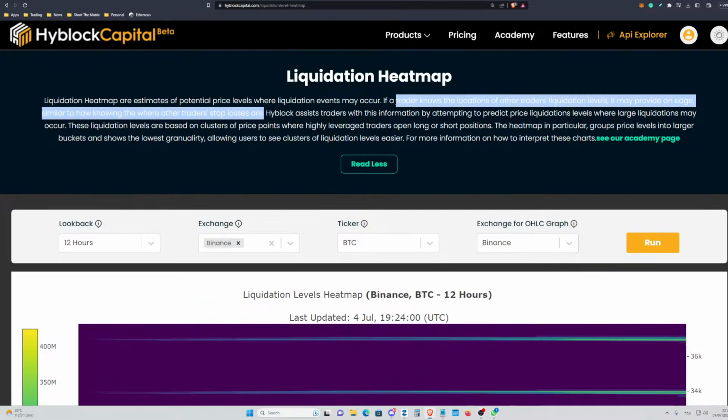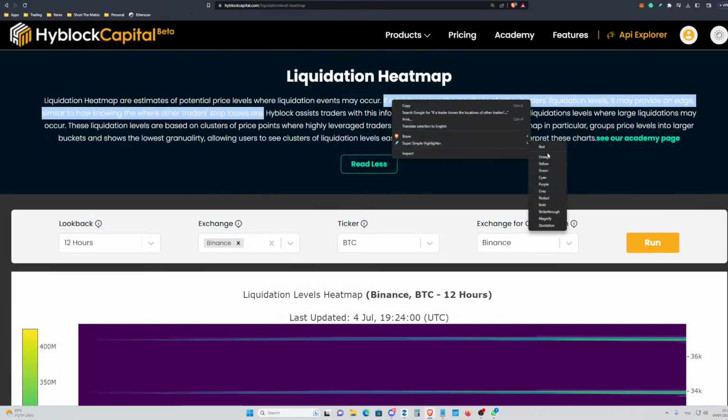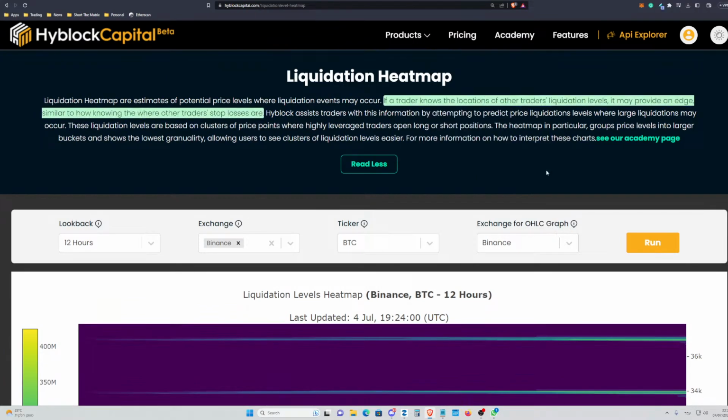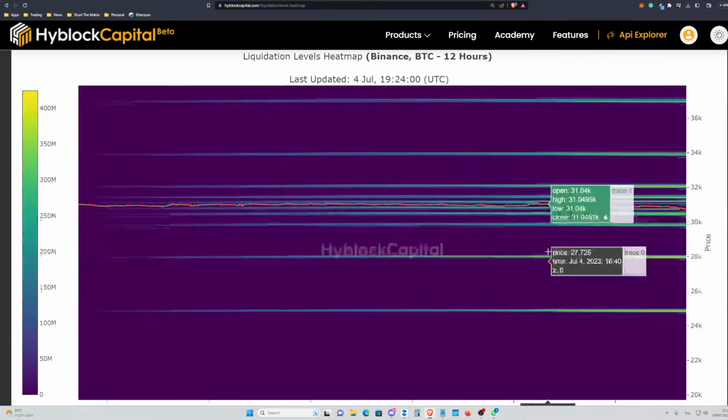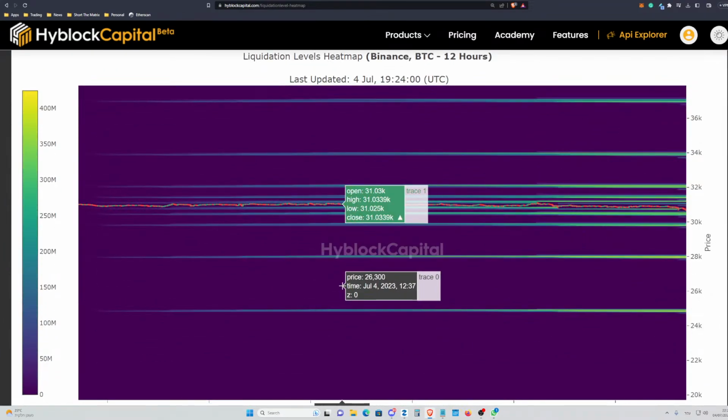Let me highlight this sentence as this is very important, and basically this is the thing about the liquidation heat map, because using this chart you can see where other traders put their stop losses, or where their liquidation points are set.